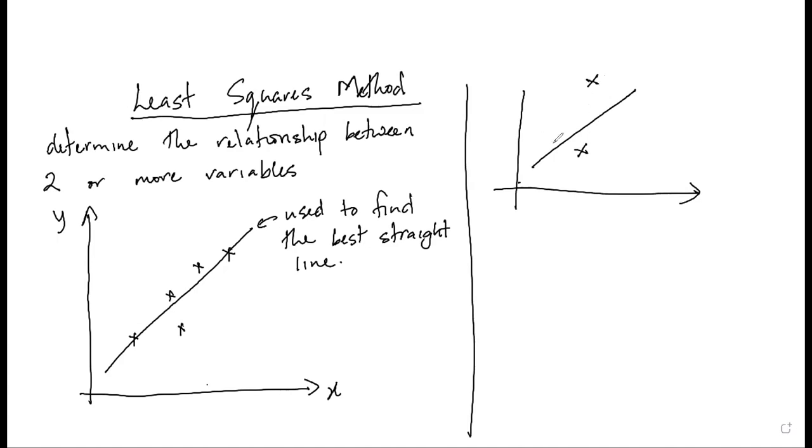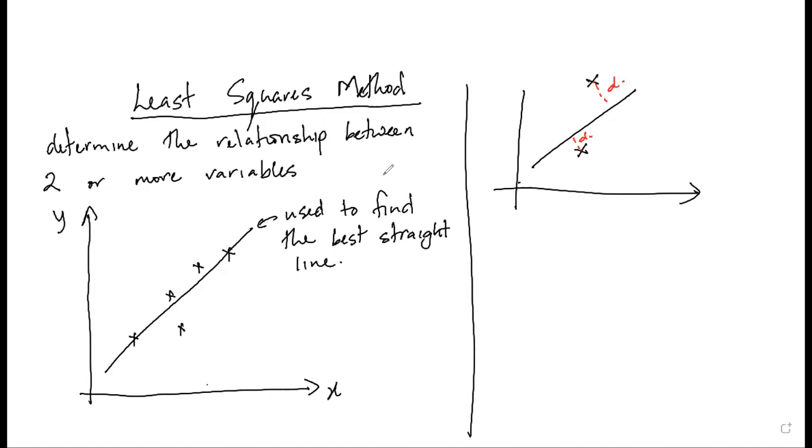It's not an equal amount of points. They say you must draw it so that the distance D to the line on either side is minimized.